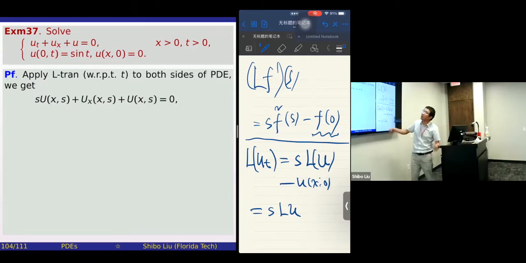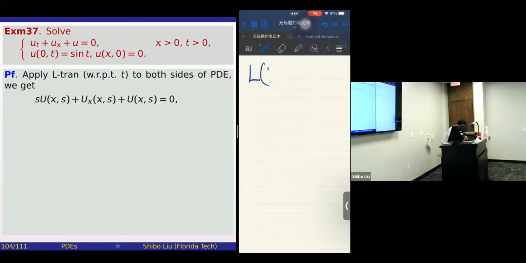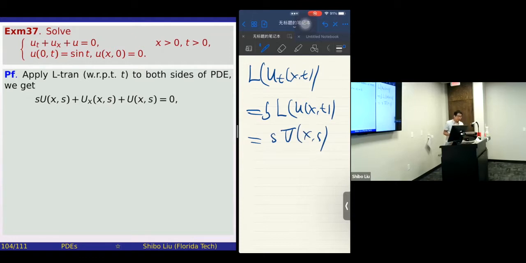If you introduce a new variable s, you can simply regard this as replacing the variable t by the variable s. So the Laplace transform of u_t(x,t) equals s times the Laplace transform of u(x,t), that is s U(x,s), because u(x,0) is 0.